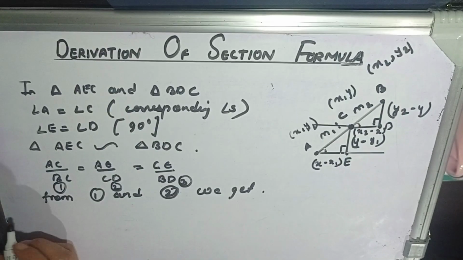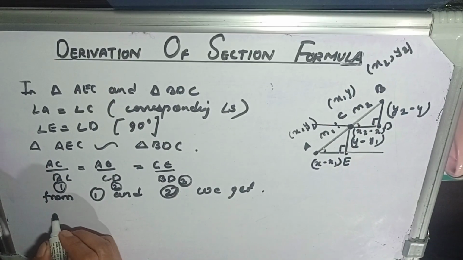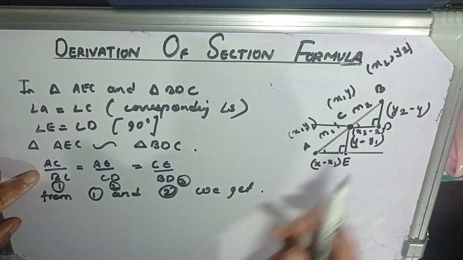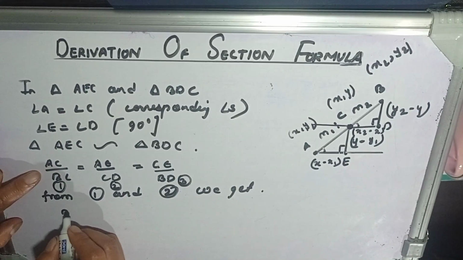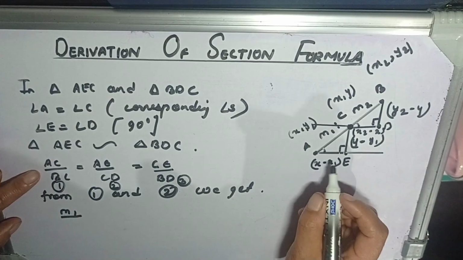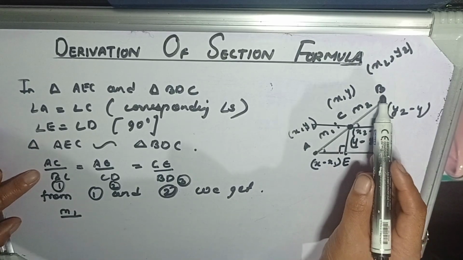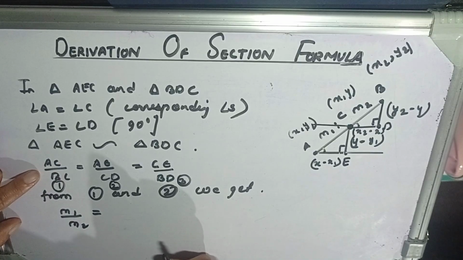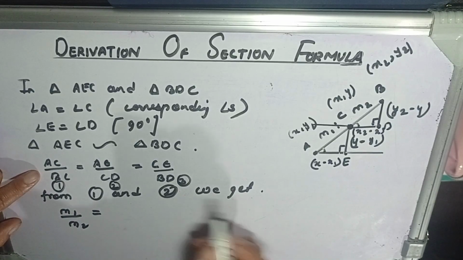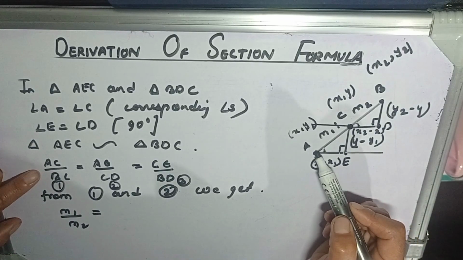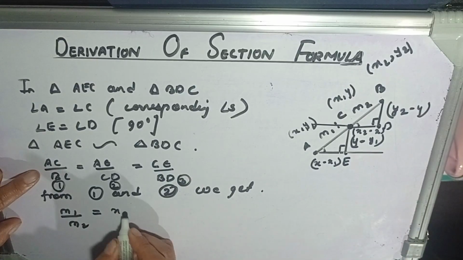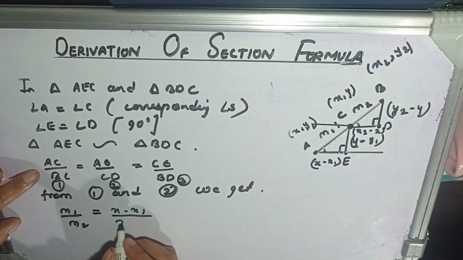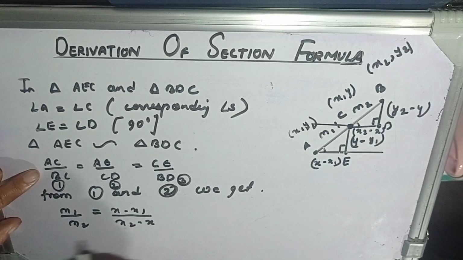From 1 and 2 we get AC, we have m1, divided by BC, we have m2. AE, we have x minus x1, divided by CD, x2 minus x.